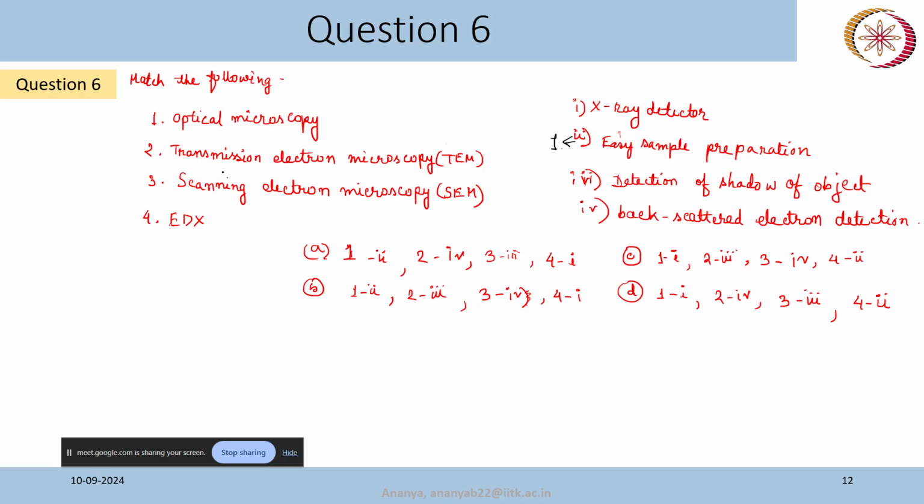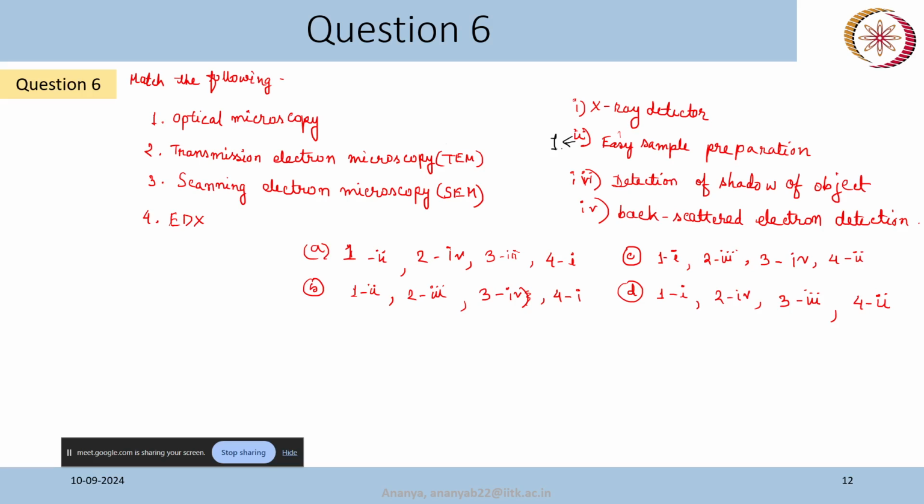Whereas in case of TEM, transmission electron microscopy, the sample preparation is not very easy. In TEM, the electrons travel through your sample, and based on the transmitted electrons, the imaging is done. So first of all, to get the TEM image, you should get transmitted electrons.